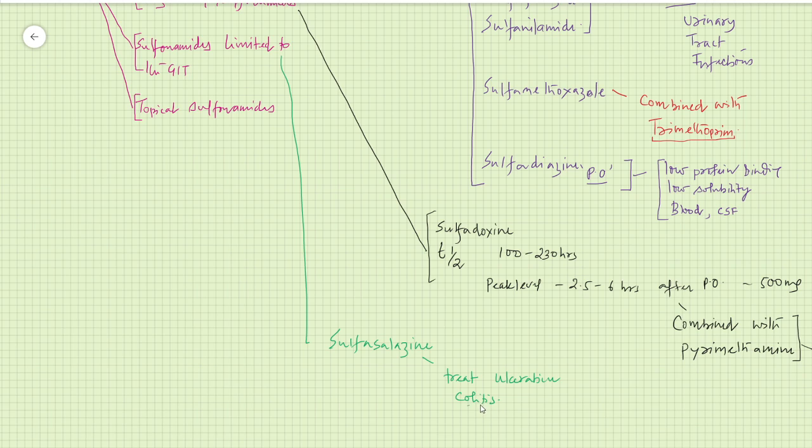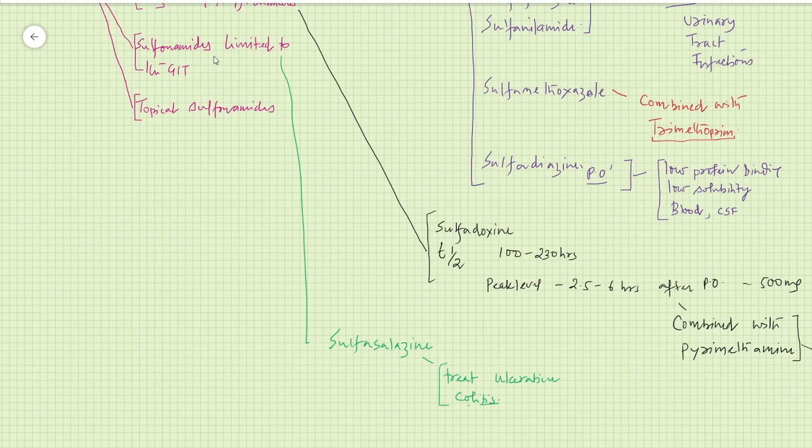So itis meaning inflammation, coli meaning the colon, and ulcerative means there is a break in the mucosa. So certain conditions where there is a break in the mucosa of the intestine lead to an inflammatory condition called ulcerative colitis, and for that this drug is given.